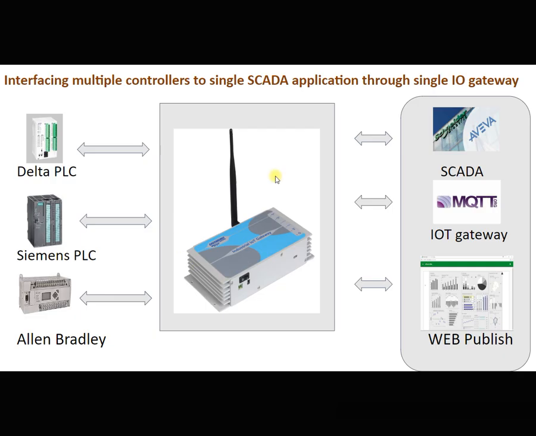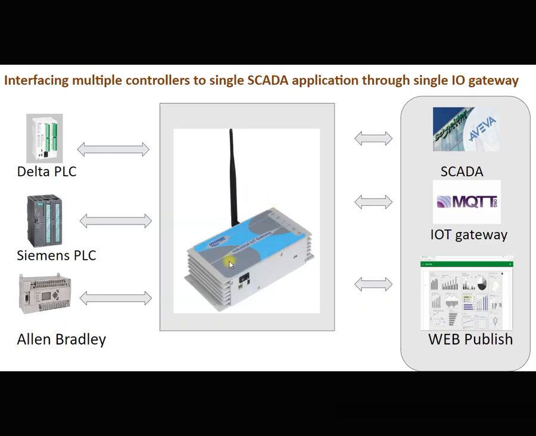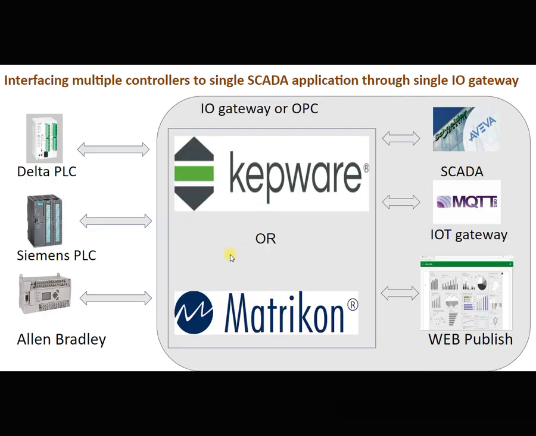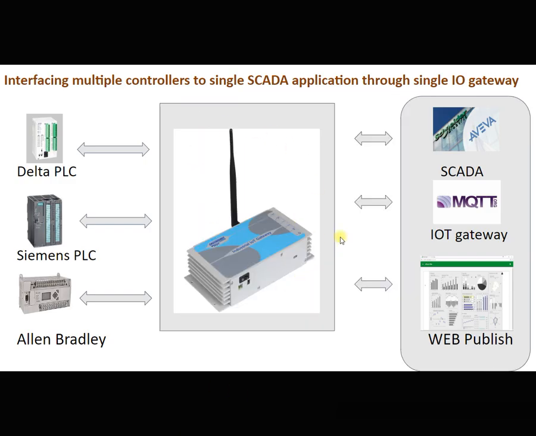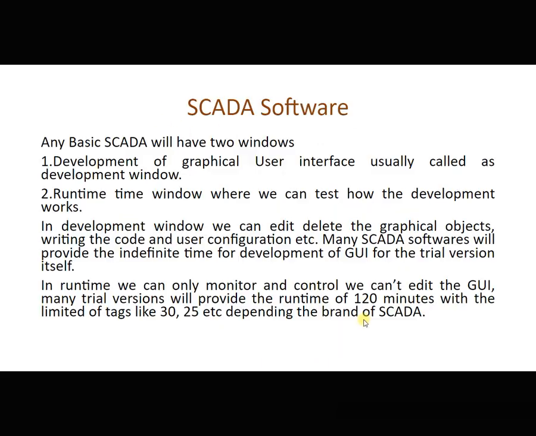You will have a hardware gateway also. Sometimes you need wired, and for wireless you can go with KEPServer. This is an industrial IoT gateway. KEPServer and Matrikon are software, not hardware. This is the same application, but in hardware form like this. Next, how it is going to work: they have given it here, you can just go through that.